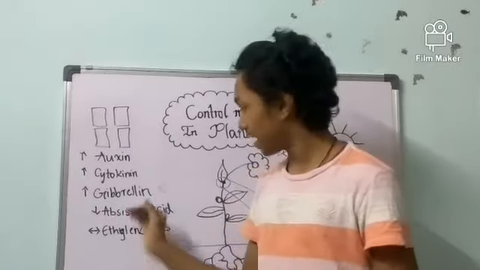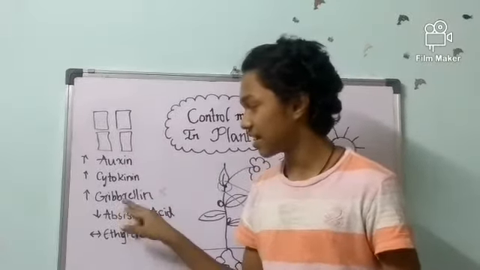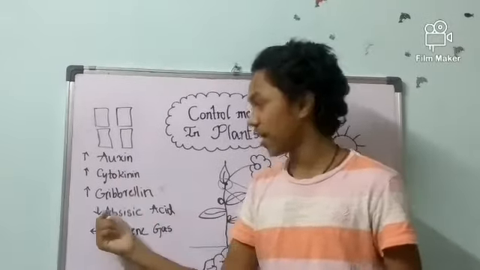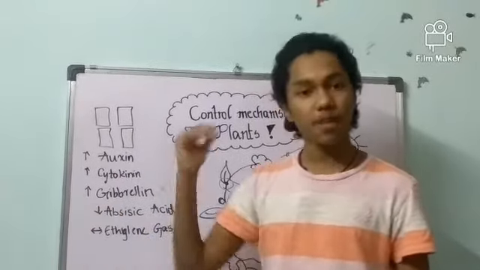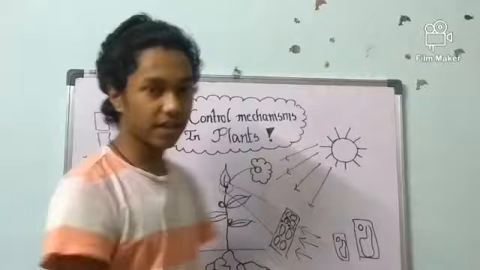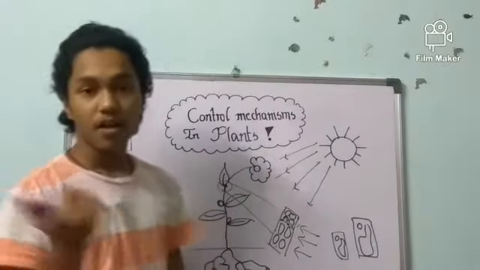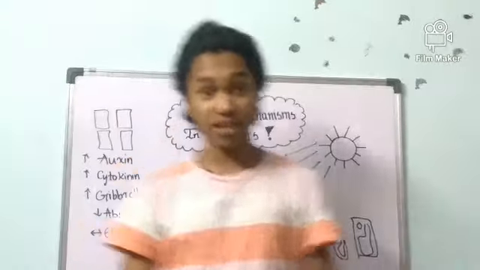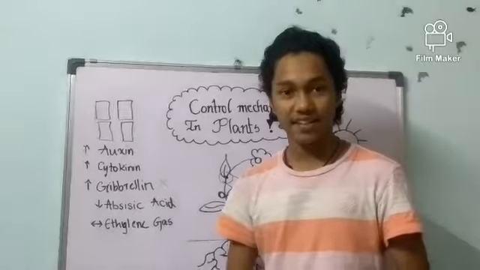You got it? That is abscisic acid and gibberellin. These are like two opposite things. That is why we have given it as a plant destructive hormone.